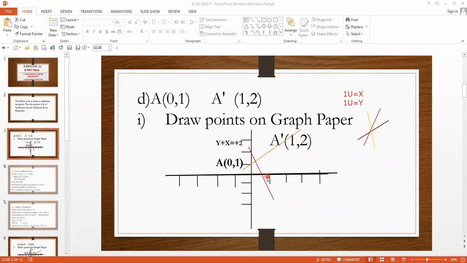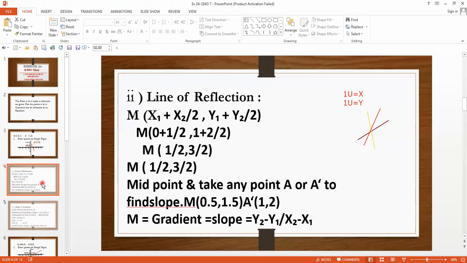As all of you know, the line of reflection is the line which shows the distance between these 2 points, A and A reflection. So for finding the line of reflection, the first step is that we have to find the midpoint.